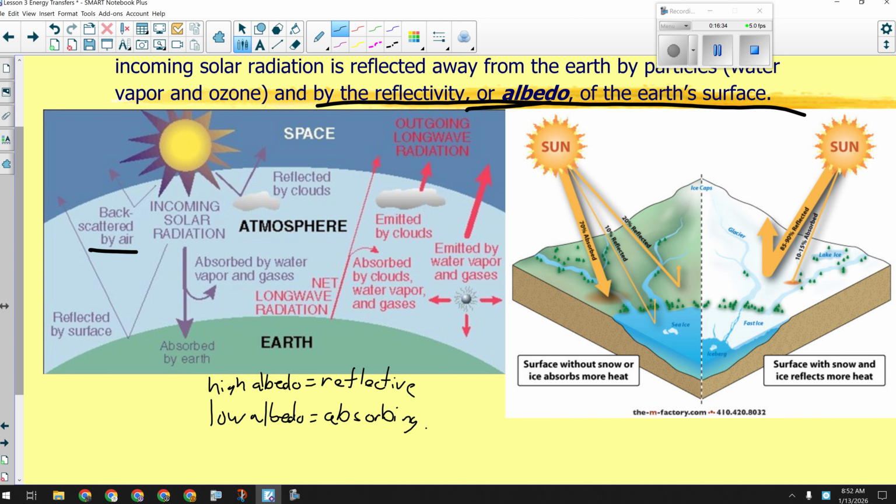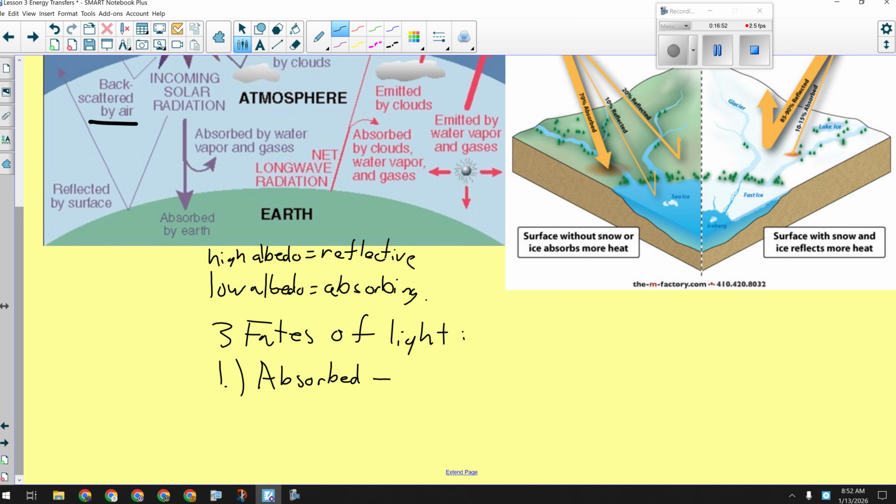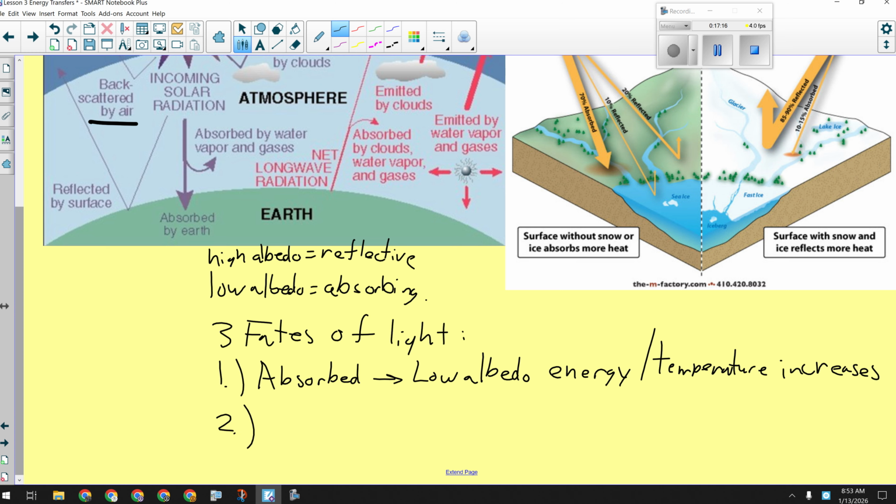So the three fates for light, these are important. We'll just write them down here. Three fates of light. One could be absorbed. That usually means low albedo, and energy increases. Actually, energy slash temperature, let's say. The second fate of light, it could be reflected.